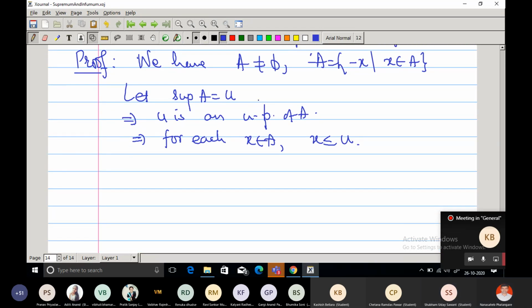Yes, sir. So every element is less than or equal to U. And therefore, by order properties, minus U is less than or equal to minus x for each x in A. Am I right? Yes, sir. That means minus U is less than or equal to... can I say that minus U is less than or equal to y for every y in minus A?